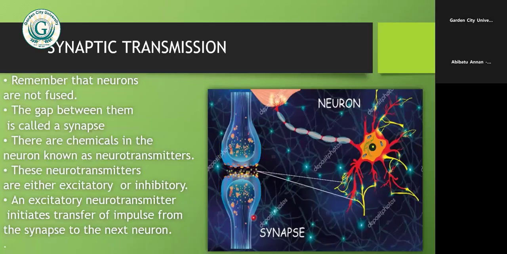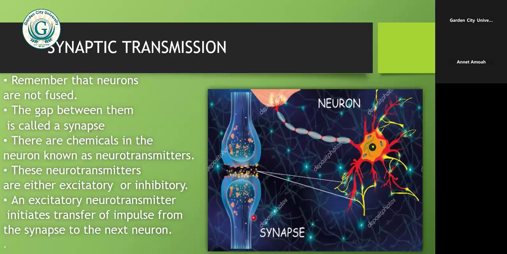You should understand this, because if you do understand, you will appreciate the pathophysiology of what we call epilepsy. I hope you've heard of epilepsy before. Yes, sir. And you've also heard of eclampsia in pregnancy. Very good.